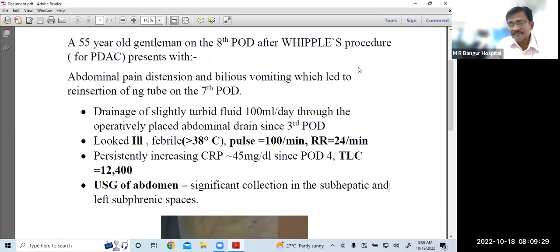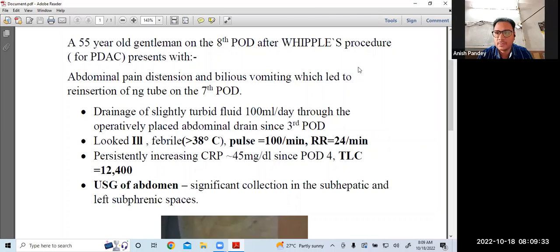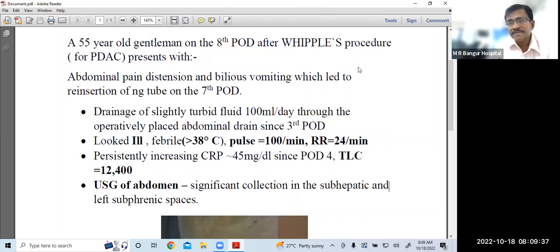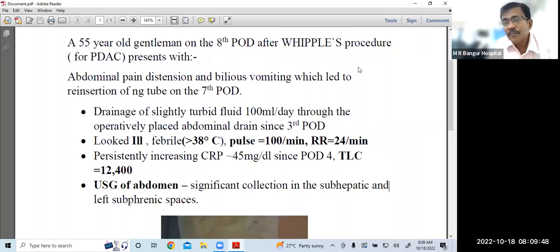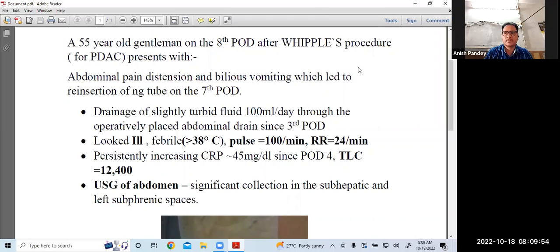Why do you place the drain after PD? Where do you place the drain? What is the location of the drain? A very standard place.